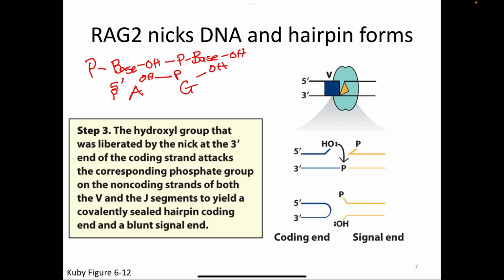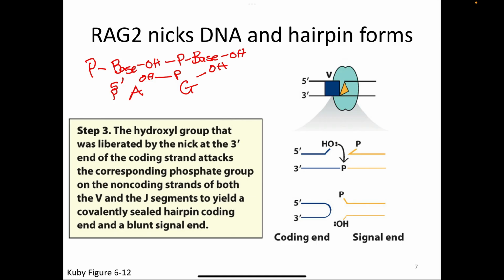When RAG2 makes the nick, it makes the nick between the RSS and the gene segment. So it actually specifically nicks right at the beginning of the heptamer. So you can see that it's making that nick right between the gene segment and the triangle, on the exact spot.